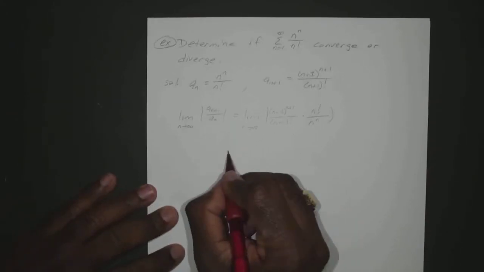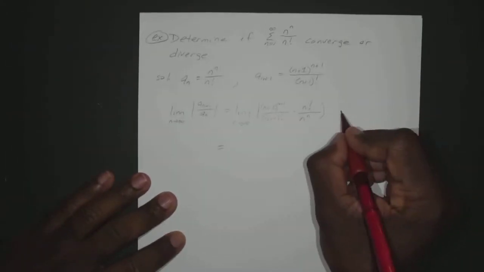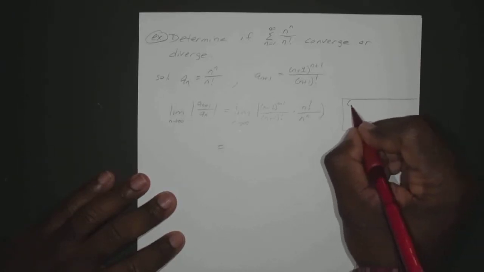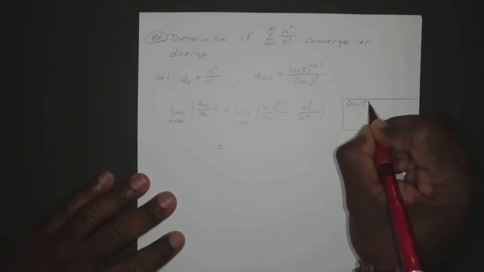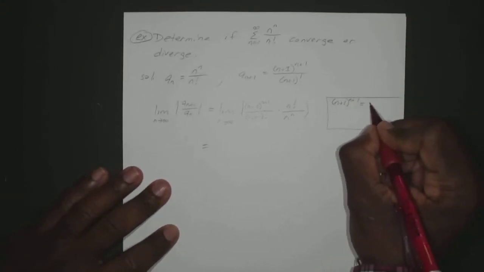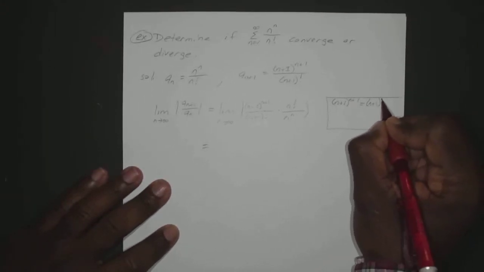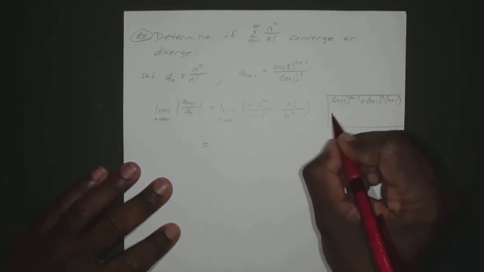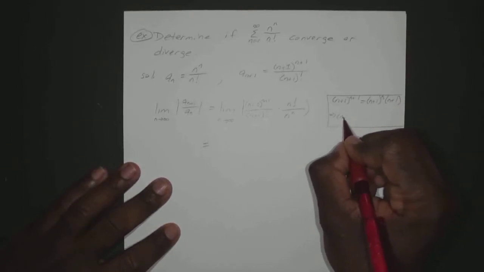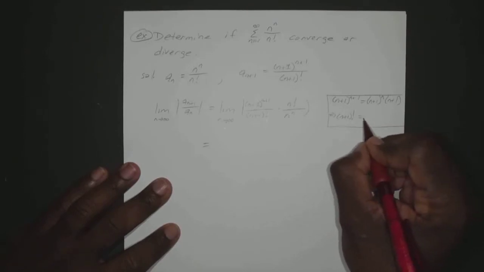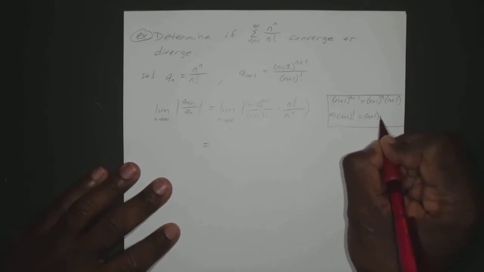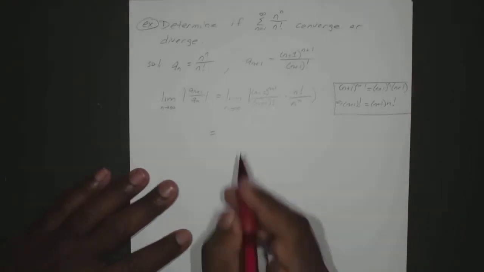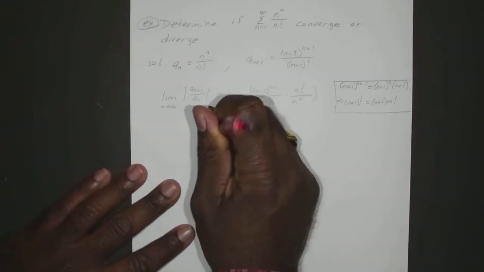Okay, so we can actually do what we did before. We know that (n plus 1) to the n plus 1 power is just (n plus 1) to the nth power times (n plus 1). And again, we know that (n plus 1) factorial is (n plus 1) times n factorial.